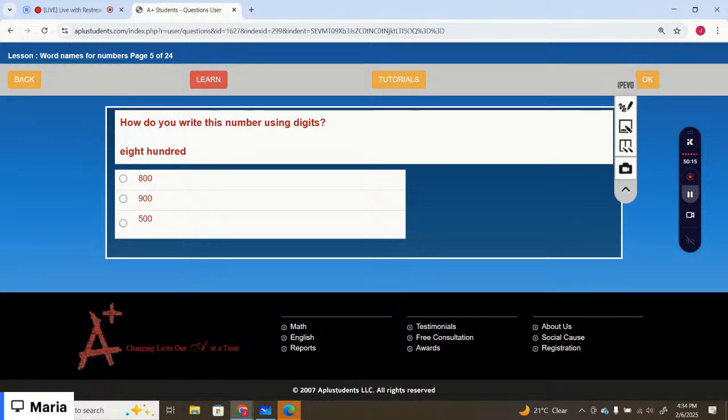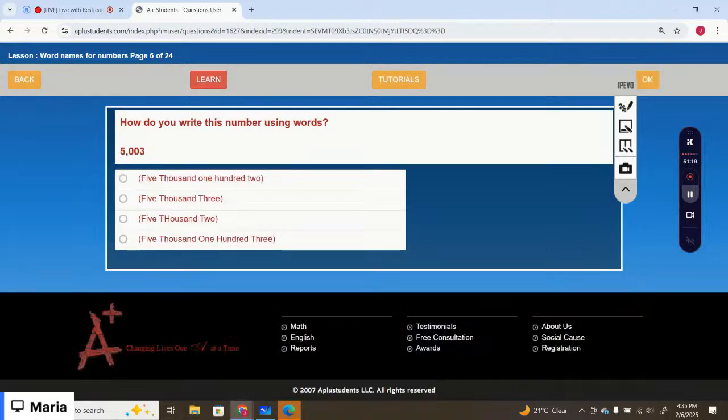How do you write this number using digits? 800. Number one is the correct option, that is 800.